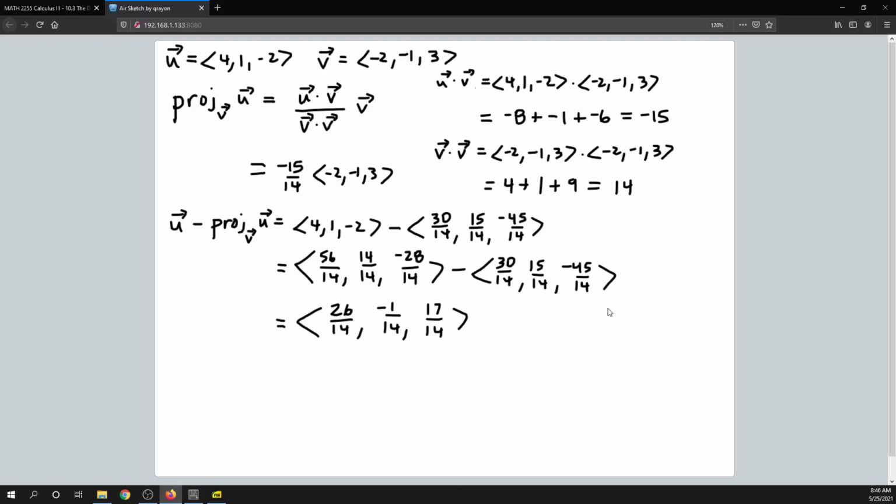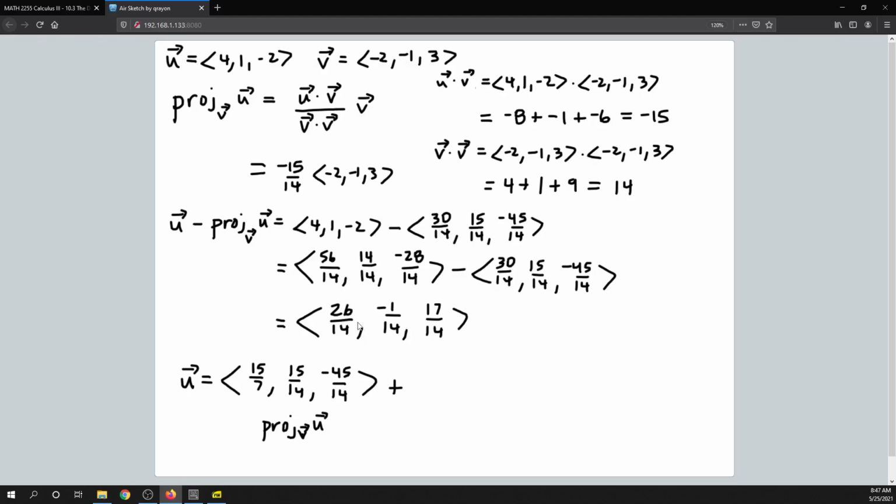So for the decomposition, u would be the projection, which is this vector here. I can write that as 15 sevenths, 15 fourteenths, negative 45 fourteenths. And that's the orthogonal projection of u onto v.